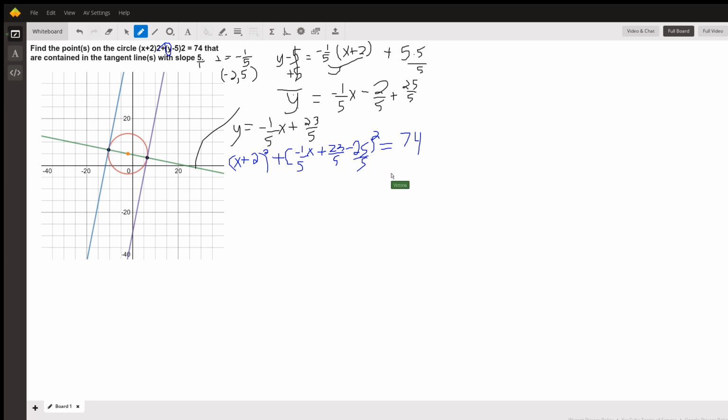Okay. And before I finish, I'm going to combine those like terms, and this is going to become x plus 2 squared and then plus, and now everything's in x's, a negative 1/5 x. 23/5 minus 25/5 is minus 2/5.